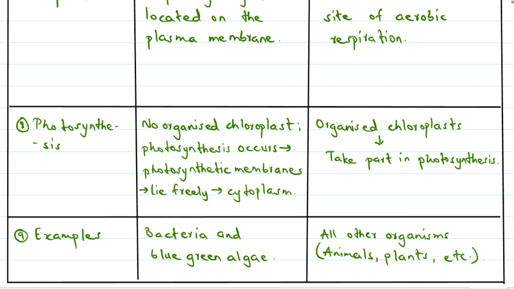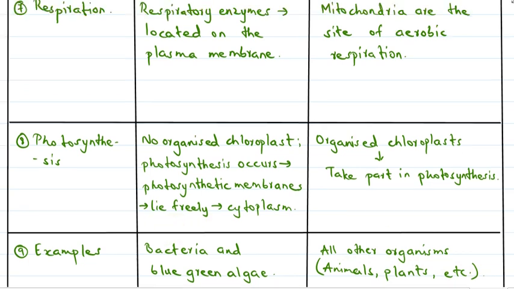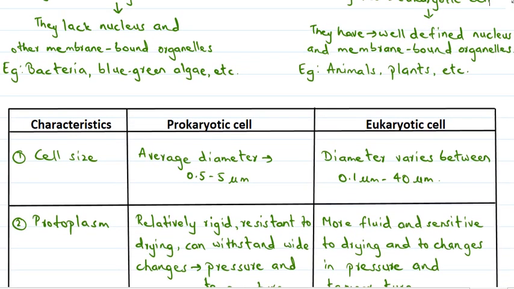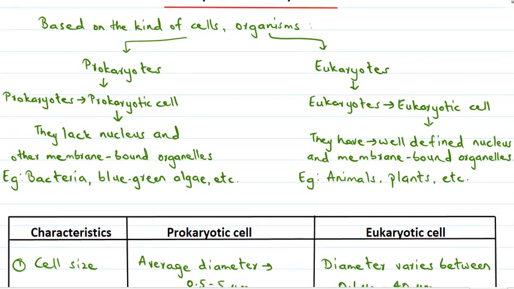Okay. So now let's quickly revise everything that we have studied today. So today here we talked about the prokaryotic and eukaryotic organisms. So we already knew that all the living organisms are composed of cells, and based on the kind of cells the organisms have, there are two types of organisms, that is prokaryotes.